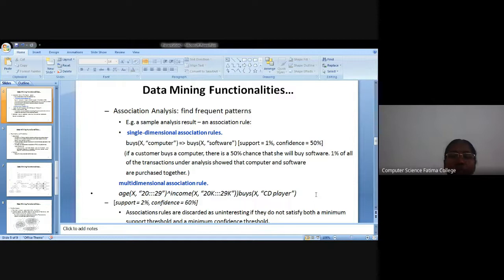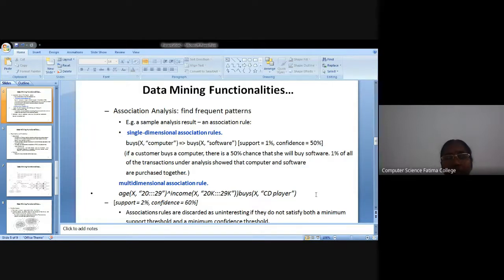How do we determine an association rule, using single-dimensional or multidimensional association rules? An association rule is simply an analysis result. If you are using only one attribute, it is denoted as a single-dimensional association rule.